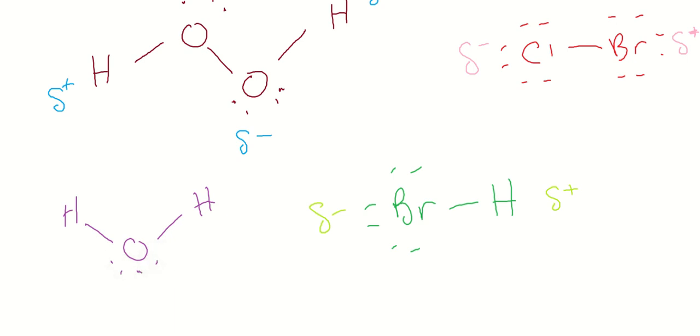This is actually 104.5 degrees because of the extra repulsion from the lone pairs. Oxygen is very electronegative. That side gets a slightly negative charge, and this side, there you go.